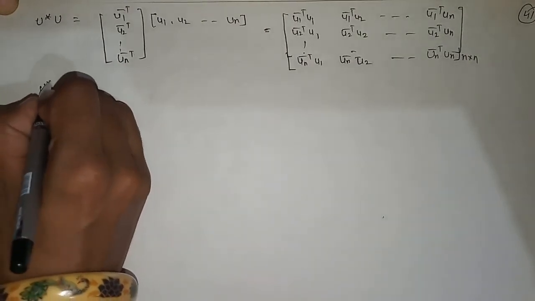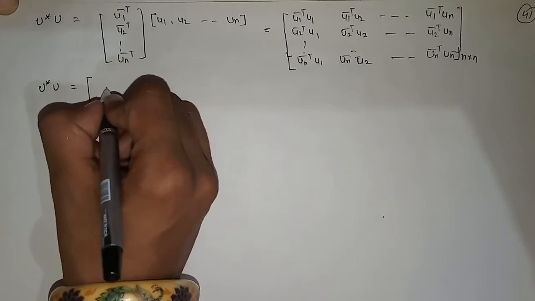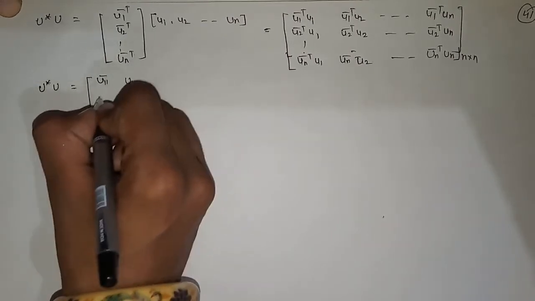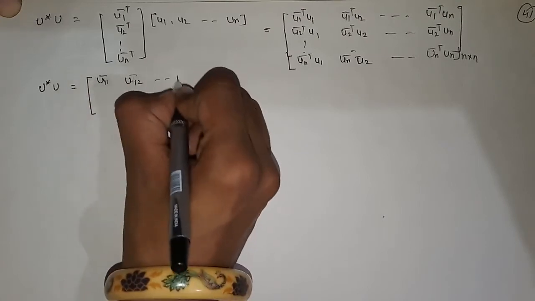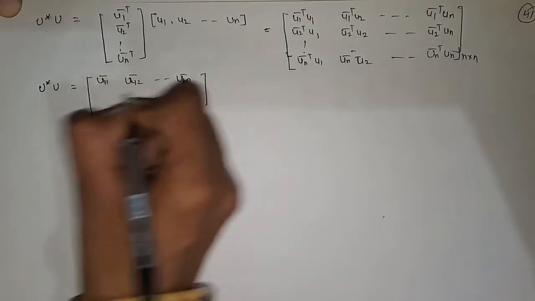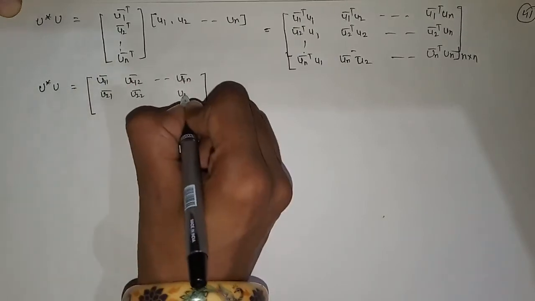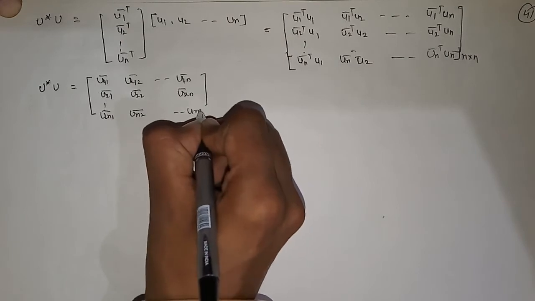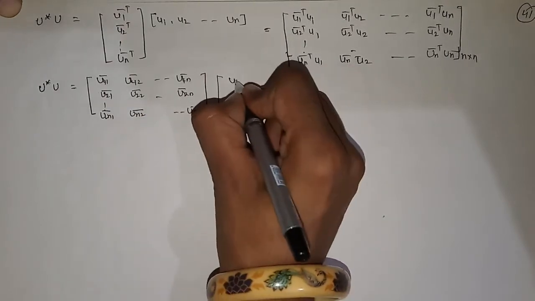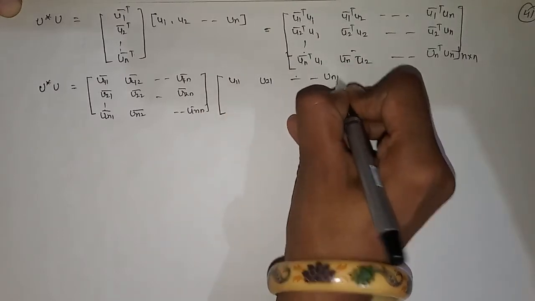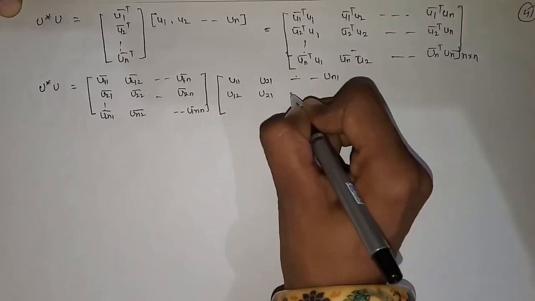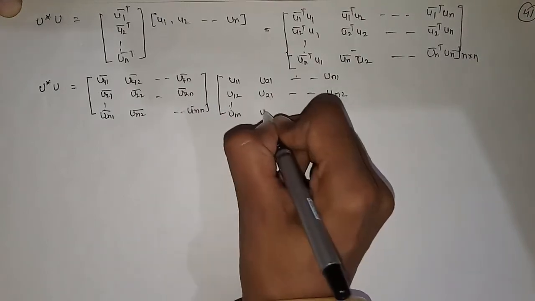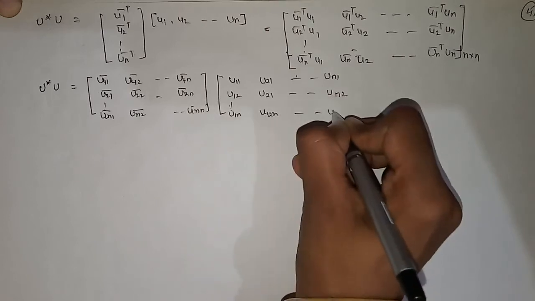Or if we multiply U star U as we have u11 bar, u12 bar up to u1n bar, u21 bar, u22 bar, u2n bar, un1 bar, un2 bar up to unn bar, into u11, u21 up to un1, u12, u22 up to un2, u1n, u2n, unn.